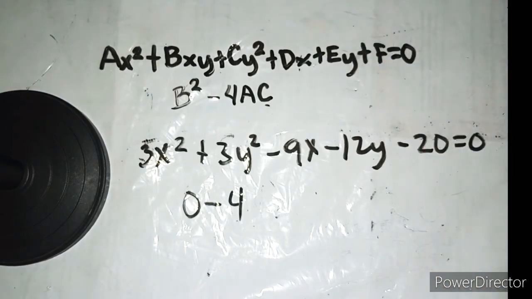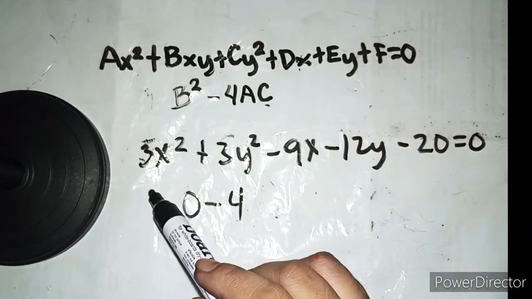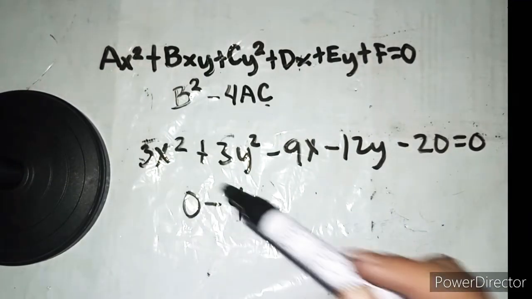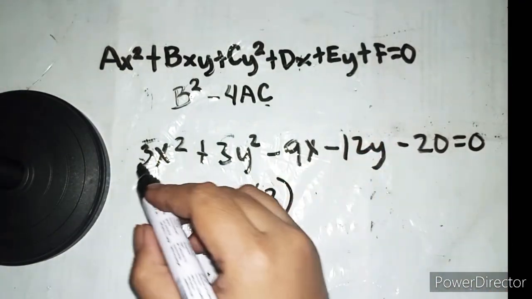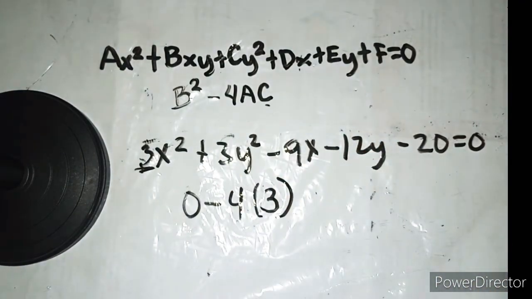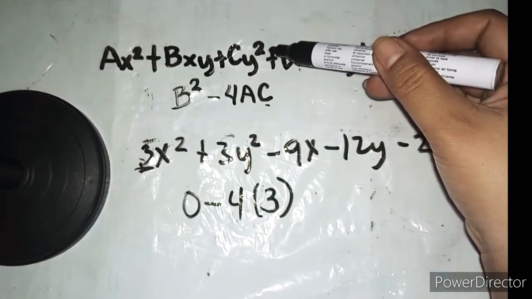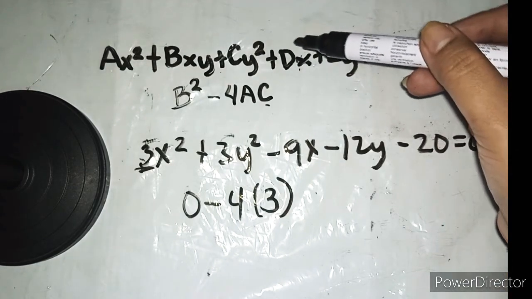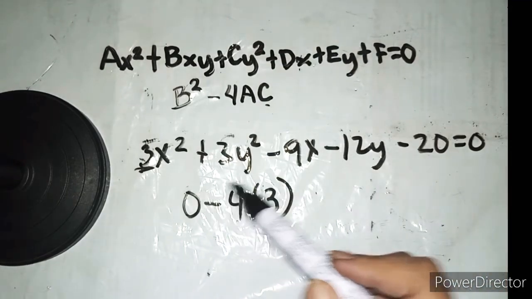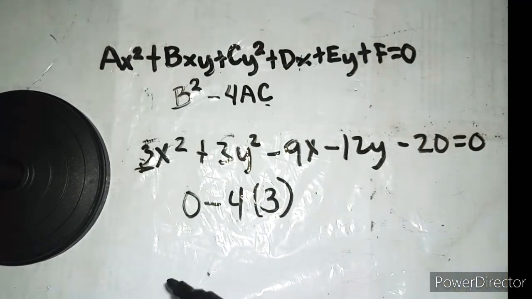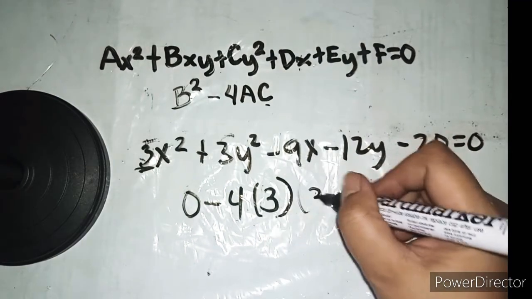In our general equation, ax squared, our a in this equation is positive 3. Next, our value of c. In our general equation, cy squared, and here in our equation we have 3y squared, so the value of c is also 3.